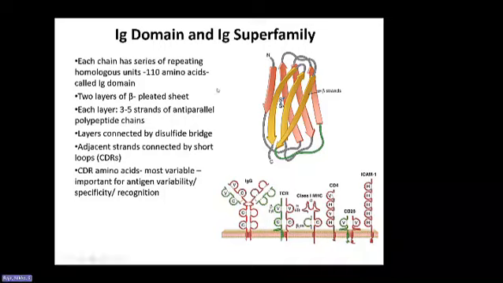This particular structure is not only present in the immunoglobulins, such as the IgG molecule seen here in the figure, but it's also present in other molecules or receptors, and all of them together are part of what is known as the immunoglobulin superfamily.